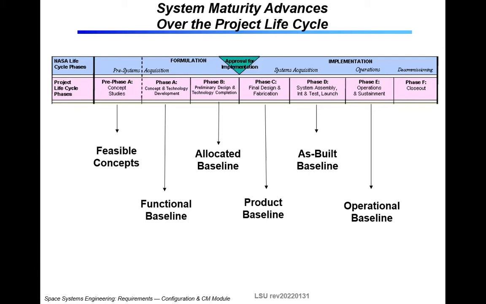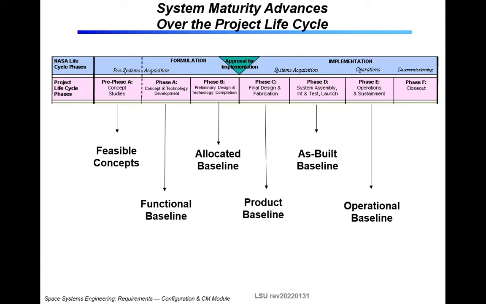So initially you start off with concepts and a functional baseline, and then you can go into an allocated baseline, which is expressed at the preliminary design review. And then after your design phase, you harden up your design, and so now you're into a product. You're going to be moving on to fabricating something. So that's your next baseline.